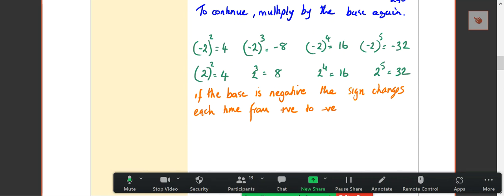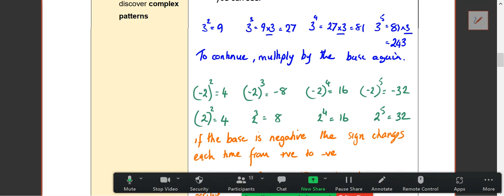Does that make sense? And I could just say if base is positive, the answer stays positive. It's always positive. Okay. So that's kind of like the first stage. It's just identifying any patterns that you notice. Does that make sense to everyone, how the structure of this criterion B is going?